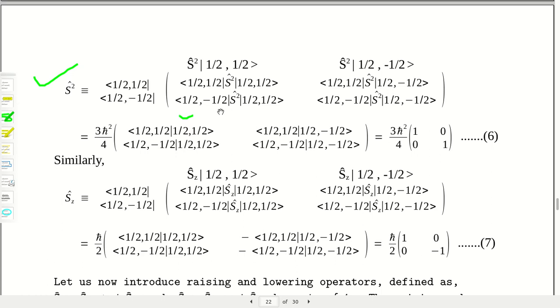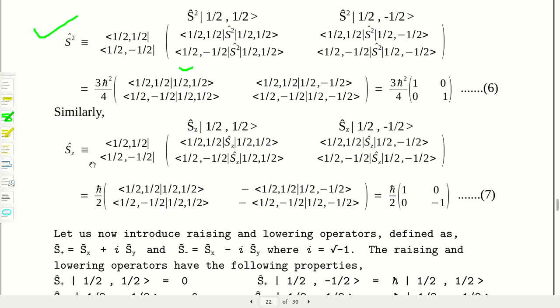We are coming to that point. Similarly Sz can be found. To find the matrix representation of Sz, follow the same procedure. Bras are there, kets are there, and follow the rule of the eigenvalue equation of the Sz operator, which is written above.